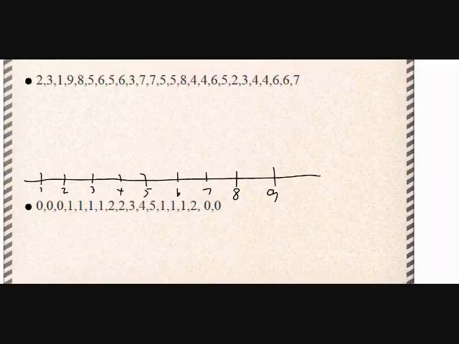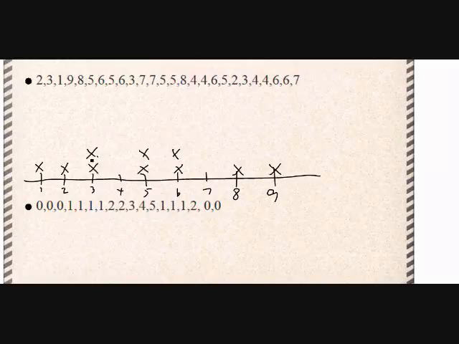Now, when I make a dot plot and I want to go fast, sometimes I make X's instead of dots. So this is just my way of doing things. So here's a 2. Let me put an X over the 2. And then I see a 3. And then I see a 1. And then I see a 9. And an 8. And a 5. And a 6. And a 5. Oh, that gets to go on top of that. And then a 6 on top of that.